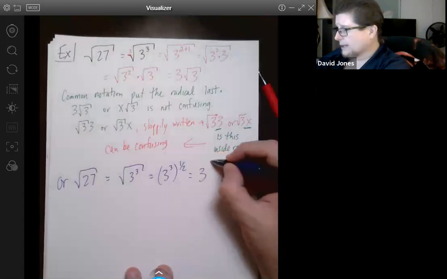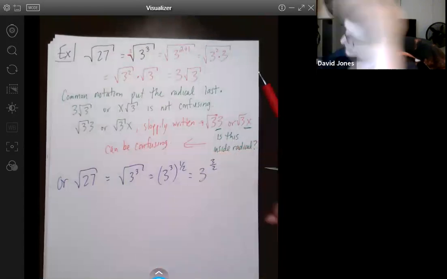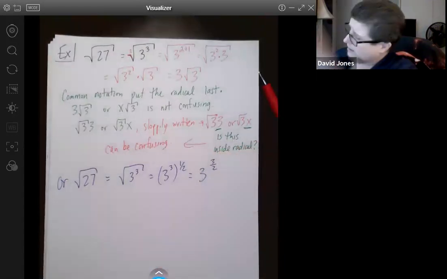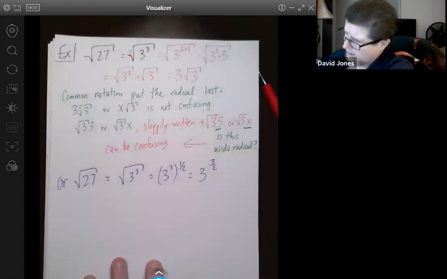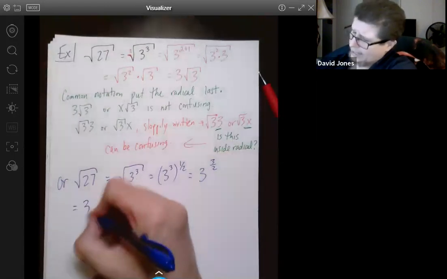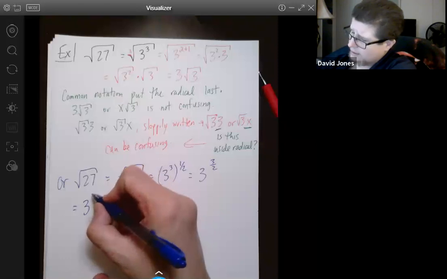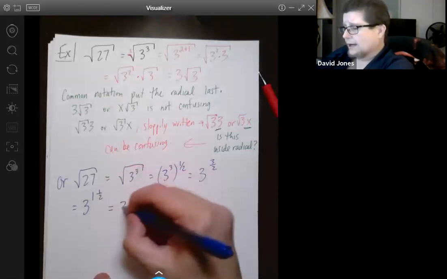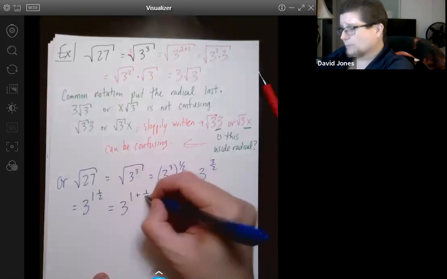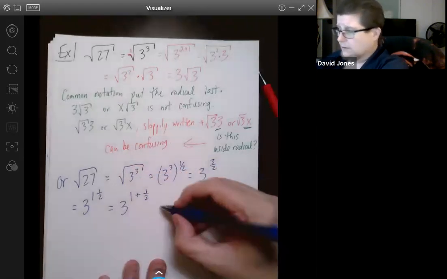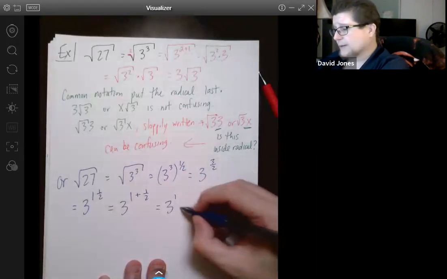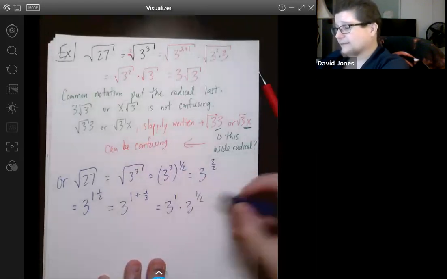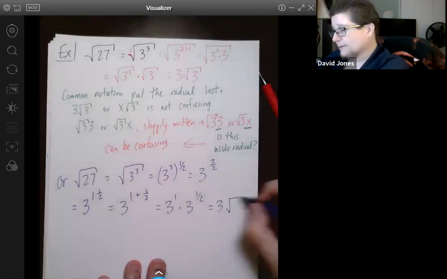And we multiply exponents there, 3 to the 3/2. But 3/2 is the same thing as 1 1/2. And I can write that as 1 plus 1/2, which is 3 to the first power times 3 to the 1/2, which equals 3 root 3.